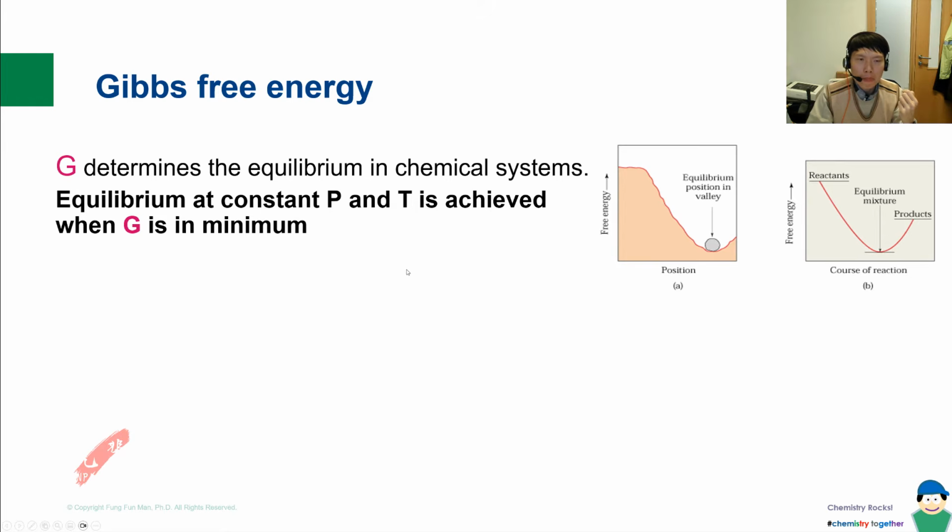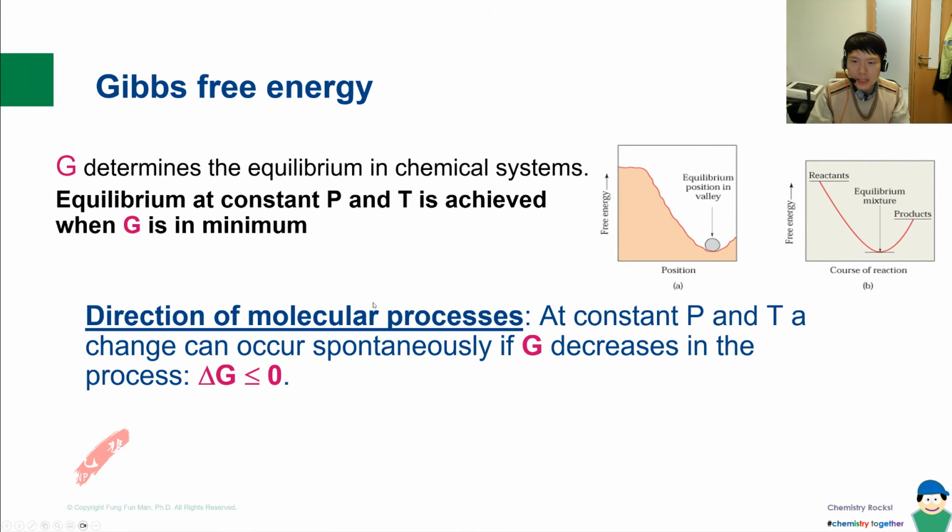Equilibrium is reached at constant P and T when G must be minimum, stability. So we always try to go in the direction where delta G is less than 0.